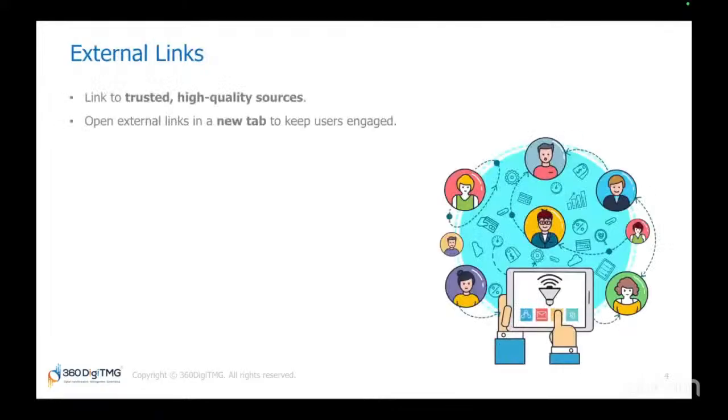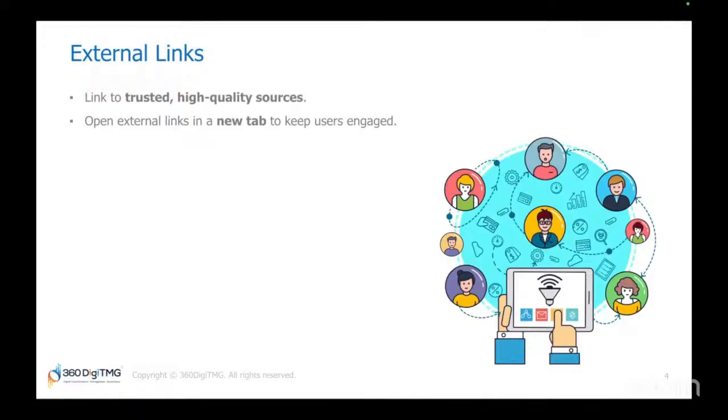In yesterday's session we also discussed external links. What do you mean by external links? External links are where we connect to trusted sources. When I say trusted sources, you can consider social media sites, the Wikipedia website, and also other relevant trusted links.